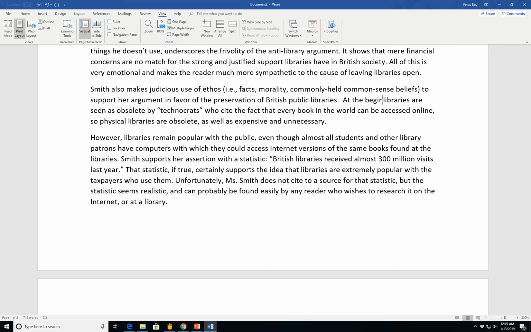At the beginning of her essay, she notes libraries are seen as obsolete by technocrats who cite the fact that, okay, so that's what we wrote before.